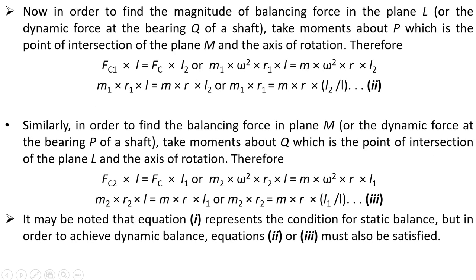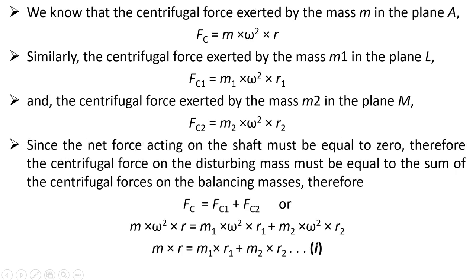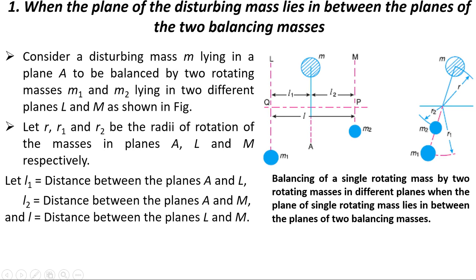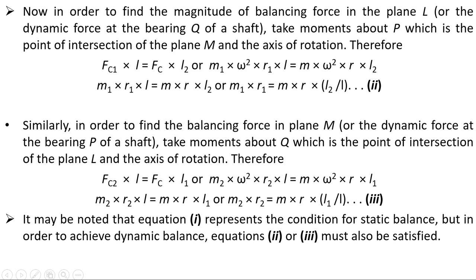The first condition: Fc1 into L will be equal to Fc into L2. If you substitute, m1 into omega square into r1 into L is equal to m into omega square into r into L2.